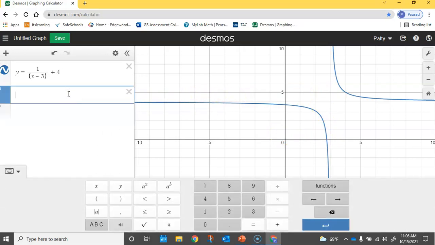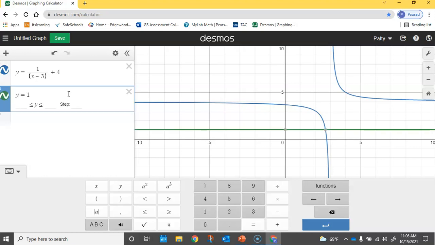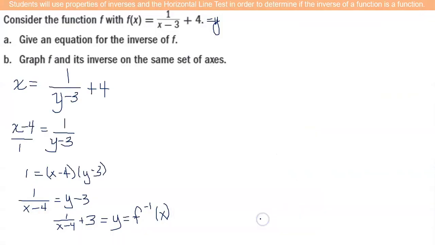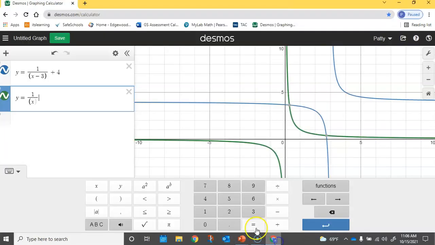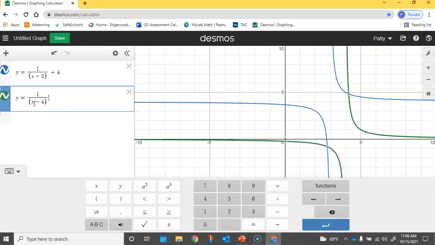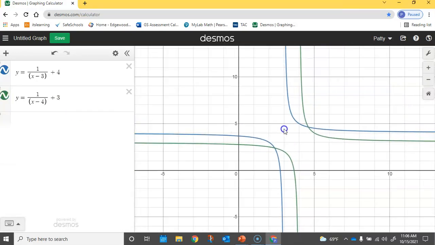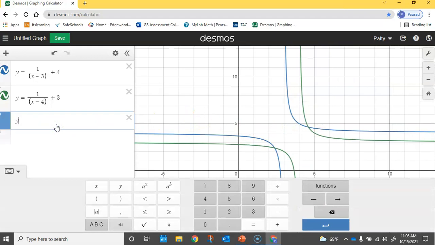And then my new function is minus 4 and plus 3. Okay, and when we look at that, if we were also to graph y equals x, we can see that these points right here are the ones where they're the same.